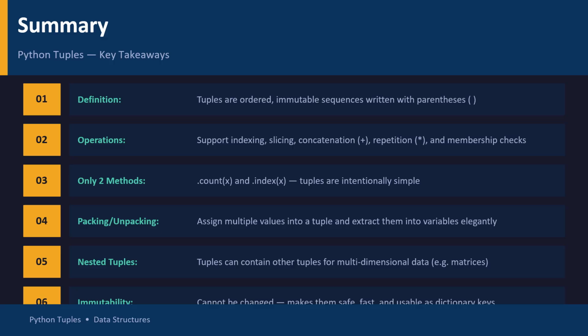And the other thing is packing. We can also have nesting of tuples. Tuples can contain other tuples for multi-dimensional data like a matrix. We also have immutability, that is, once created the values cannot be changed, which makes them safe and usable as a dictionary key.